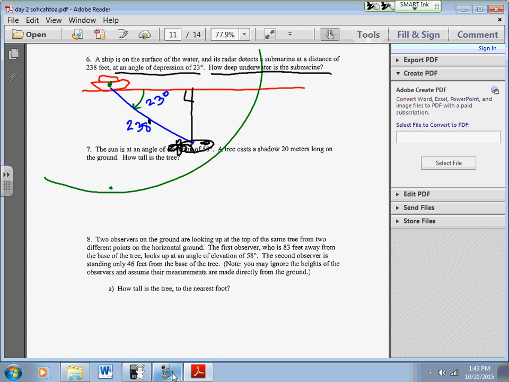All right, now from there, you've got to label all your sides that you're given. So does everybody see the angle that is given? This is your opposite, and the opposite is the depth of the submarine.